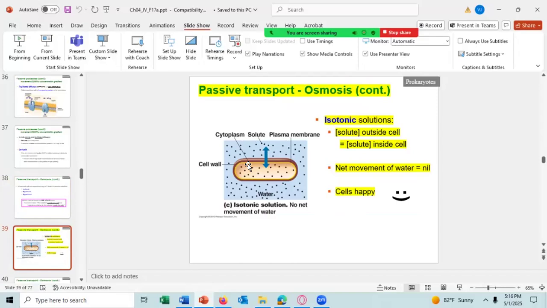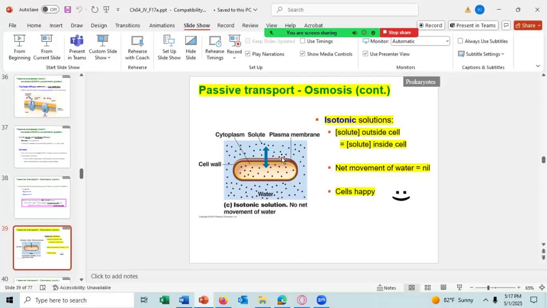If the cell is in an isotonic solution, then there's no net movement of water into or out of the cell. And the cell is happy because it's in an isotonic solution. It's not losing or gaining water.